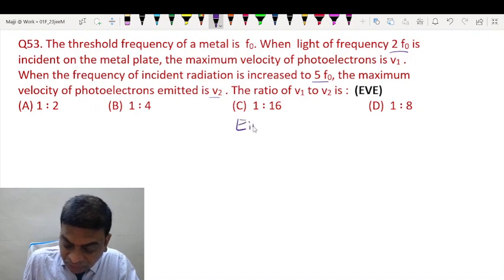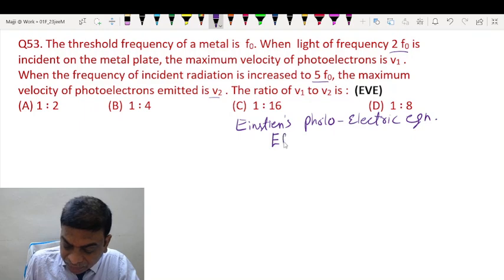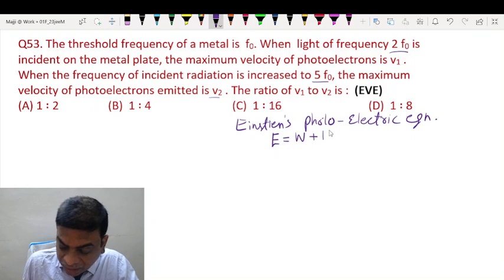So first let us write what is Einstein's photoelectric equation. Einstein's photoelectric equation states that the total energy of the photon incident on the surface is equal to work function plus the maximum kinetic energy.